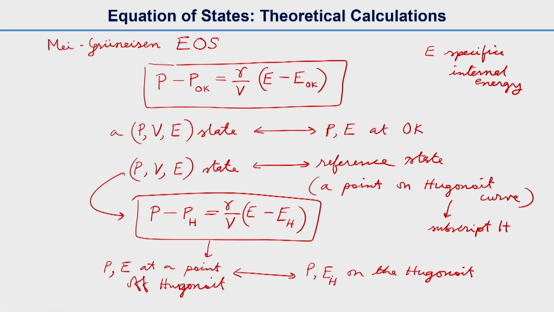So we wrote it as P subscript H and E subscript H. This is happening at constant volume.